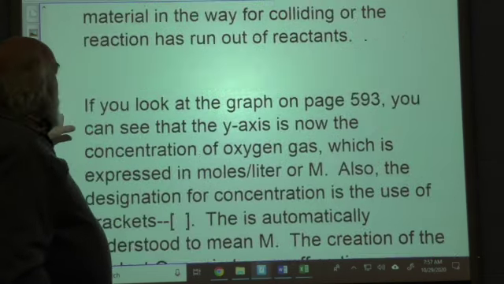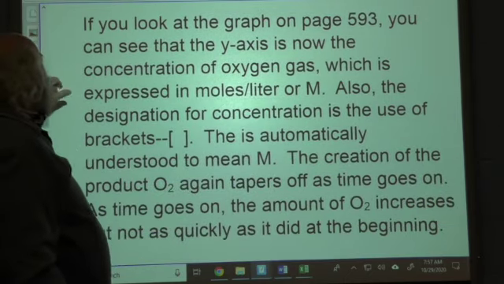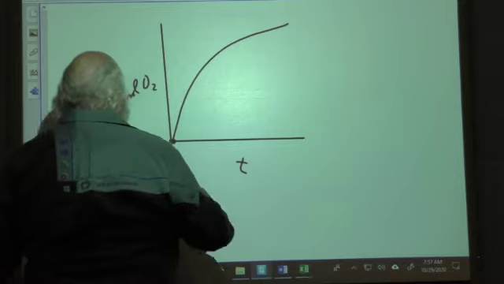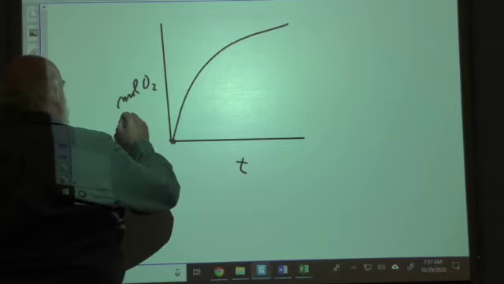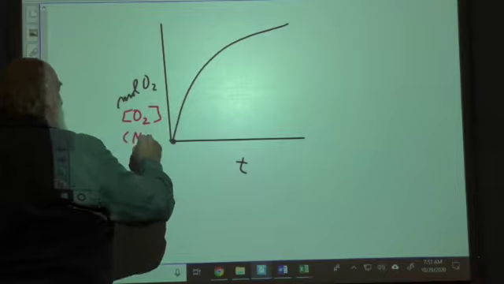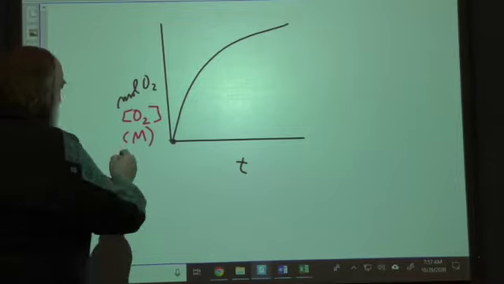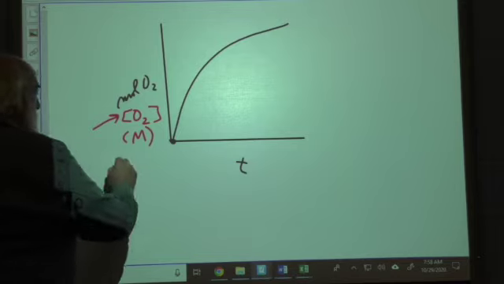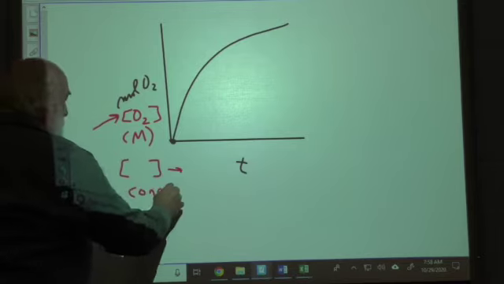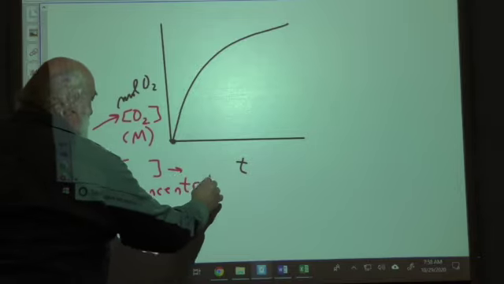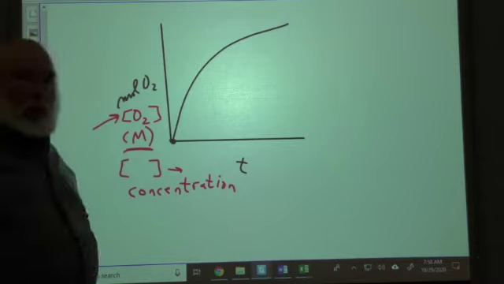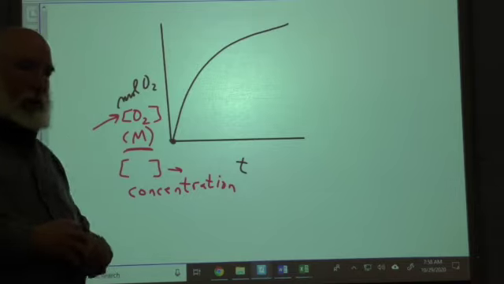The next graph on page 593 is the same kind of graph, only now instead of dealing with moles of oxygen, it's dealing with moles per liter of oxygen, and they call that the concentration of oxygen in moles per liter. Now, these brackets right here mean concentration. And the choice of concentration is moles per liter when we're dealing with aqueous solutions.